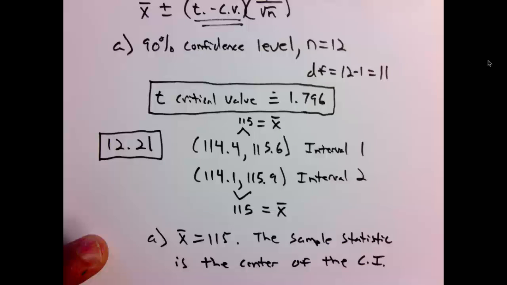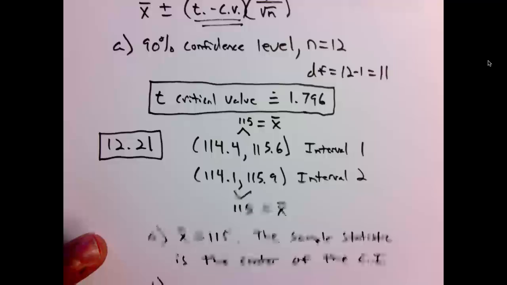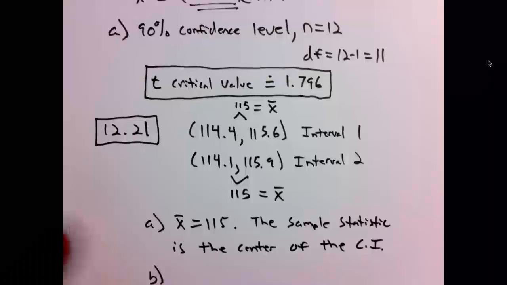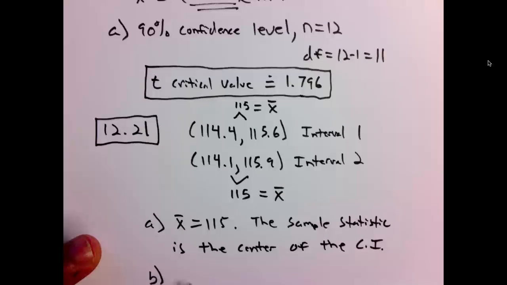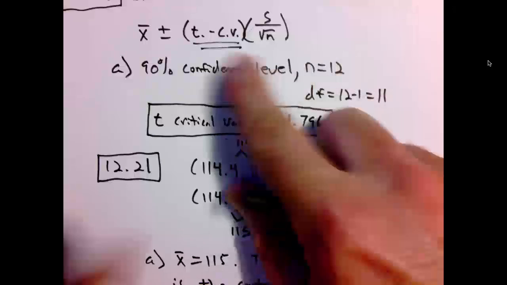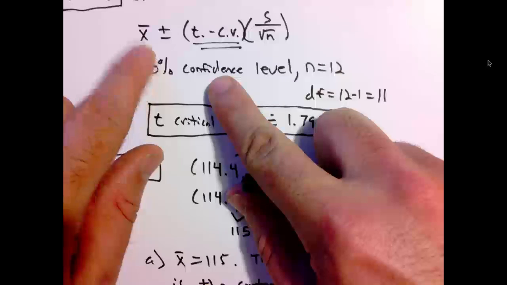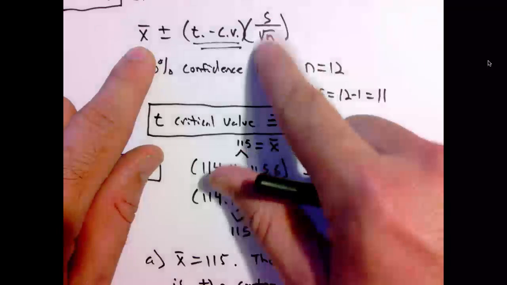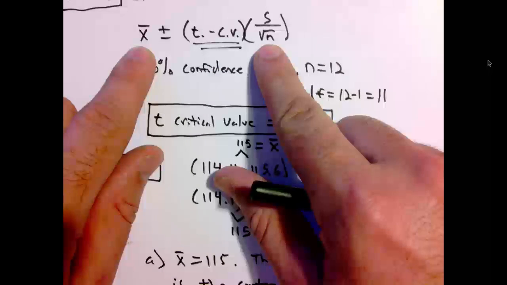B, the confidence level for one of these is 90% and for the other is 99%. So which one of these is 90% and which one is 99%? We know x bar is the same, the sample standard deviation is the same, and the n is the same because they came from the same sample.